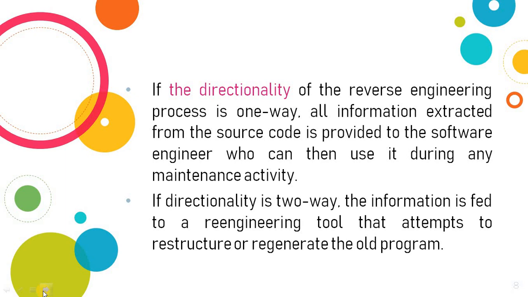But in the case of two way, the information revealed through reverse engineering is given to a re-engineering tool, and the tool attempts to restructure the old program. That's what the directionality of the process indicates. So these are the details any reverse engineering process should reveal.